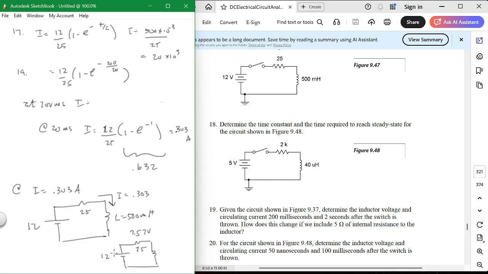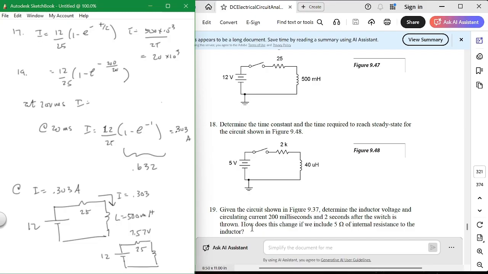What is this if this and this are known? It's what's left. It's 12 minus 7.57, right? Does everybody see that? So this is 4.43. At that instant in time, you take a picture and you're going to see those voltages.